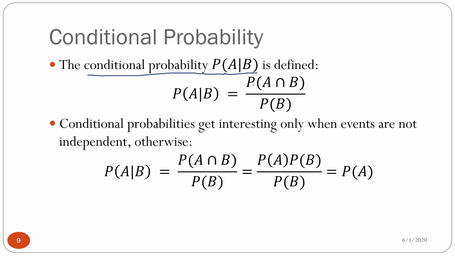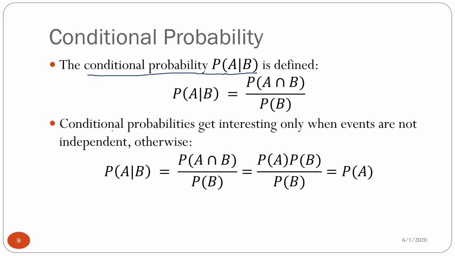We will find the probability of A intersection B, that means the probability that both A and B conditions are satisfied, divided by the probability of B. So the conditional probability of A given B is equal to the probability of A intersection B divided by the probability of B.